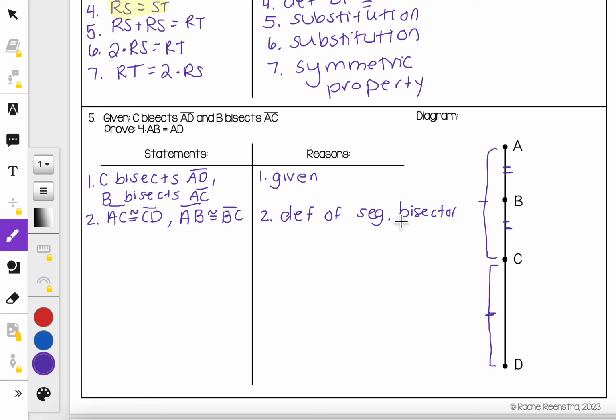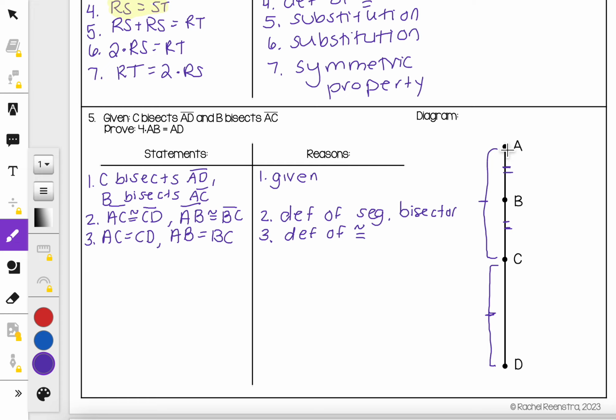I know that I'm going to have to use the segment addition postulate, kind of thinking ahead. So I'm going to use the definition of congruence now, just to say that AC equals CD and AB equals BC. Now, there's actually a couple different segment addition postulates I'm going to use here.